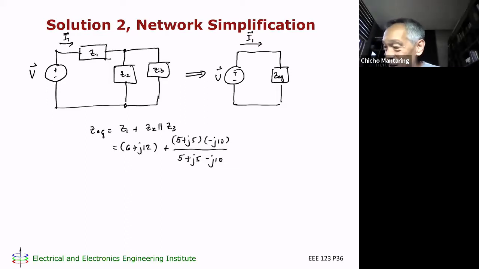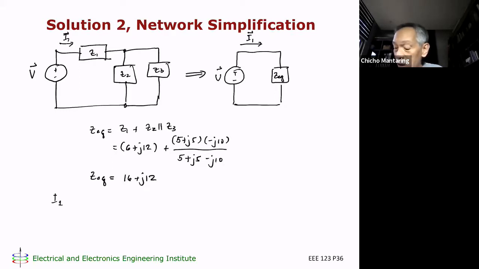Anyway, just to give you the answer, Z equivalent is 16 plus J12. 16 plus J12. So automatically, I1 is V over Z equivalent.